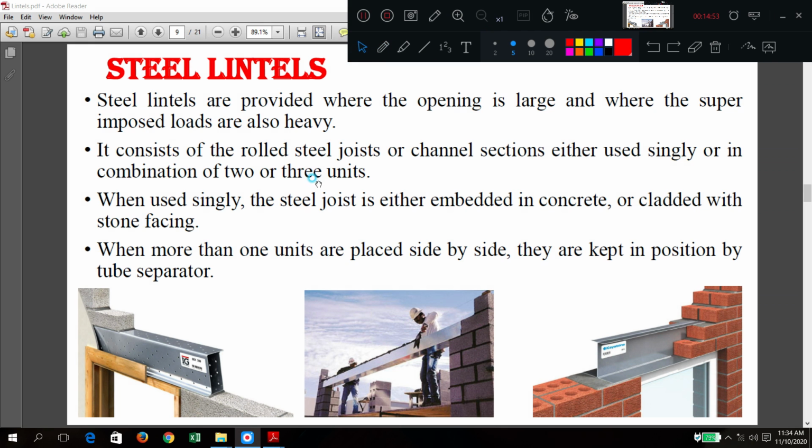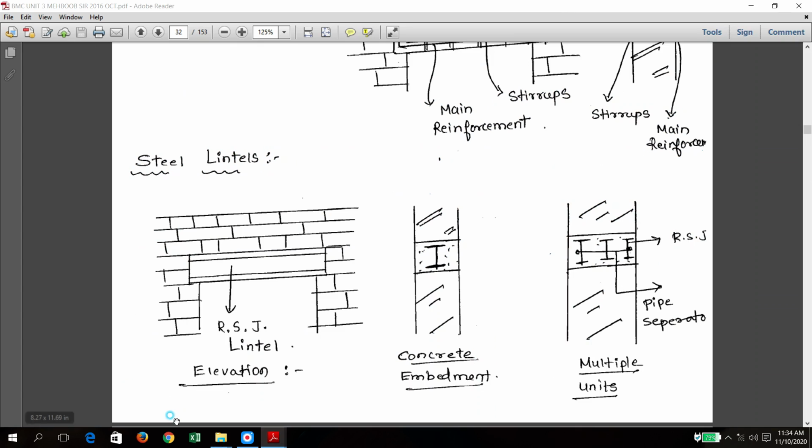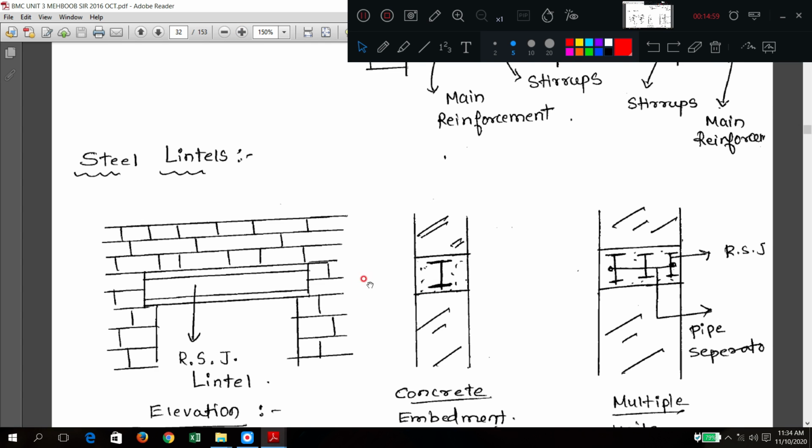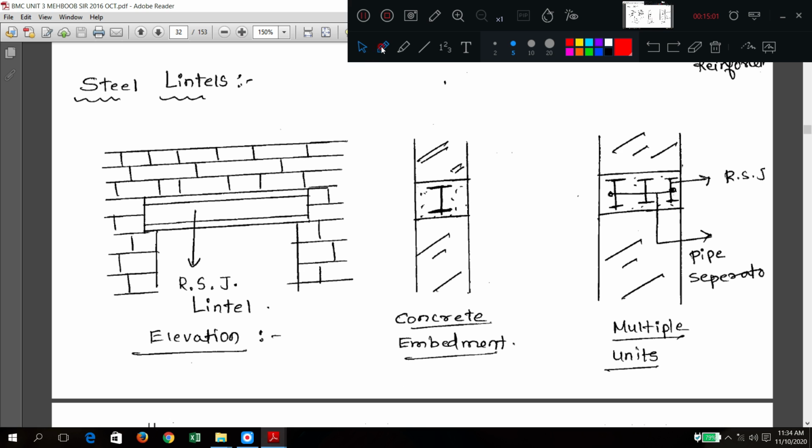Now can we go to this diagram? Yes. Okay, I will make it a little bit bigger. How it is appearing? So similar, no? So real RSJ lintel, that is rolled steel joist lintel. It is cast there. In the cross section, it is appearing as I, no?